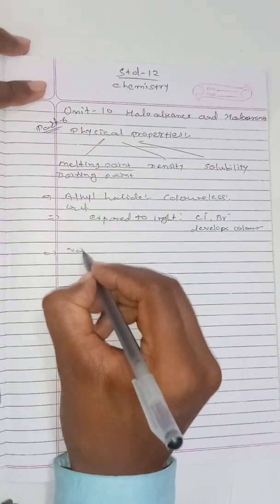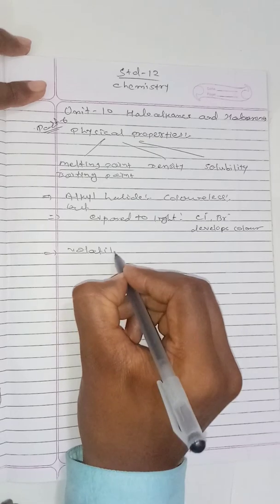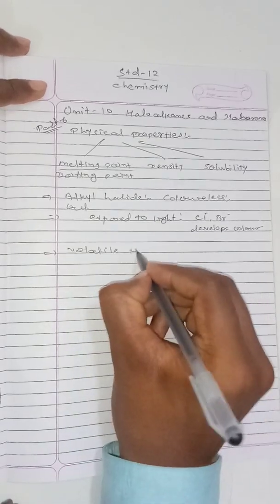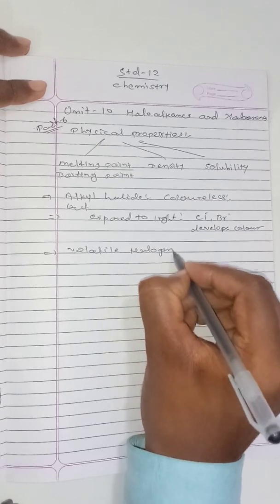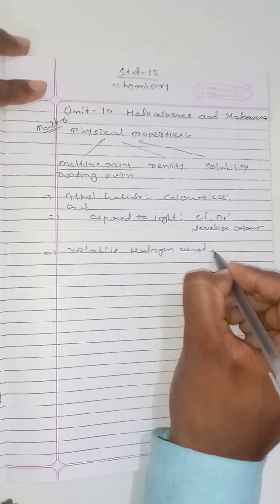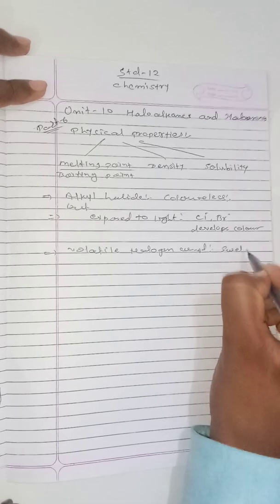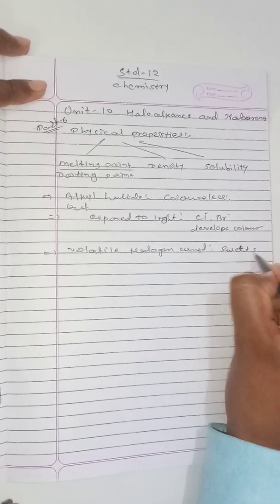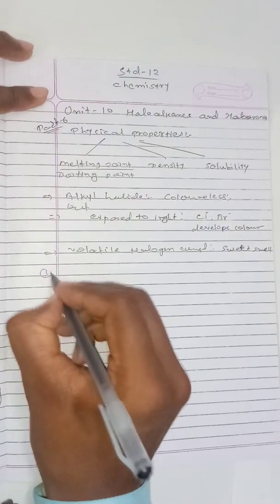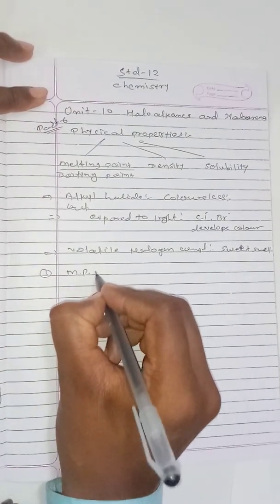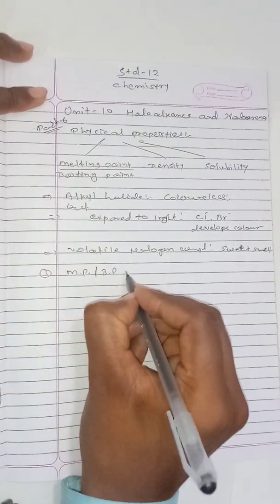And next, volatile halogen compounds have a sweet smell. Number 1, melting point and boiling point.